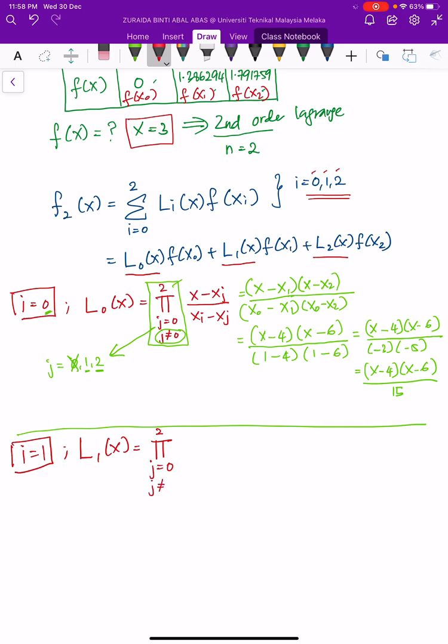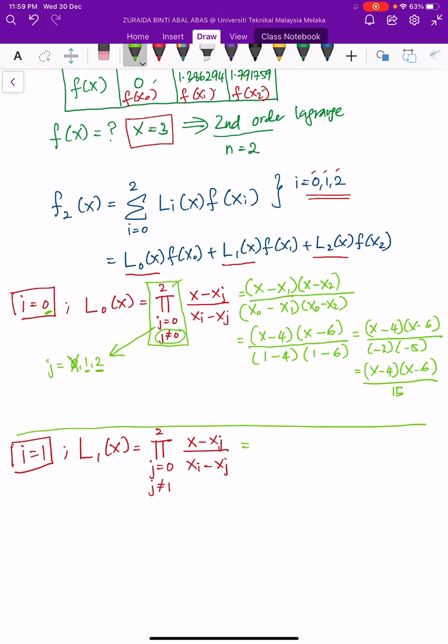Our i now is 1. We have the general equation for Lagrange, (x minus xj) divided by (xi minus xj).